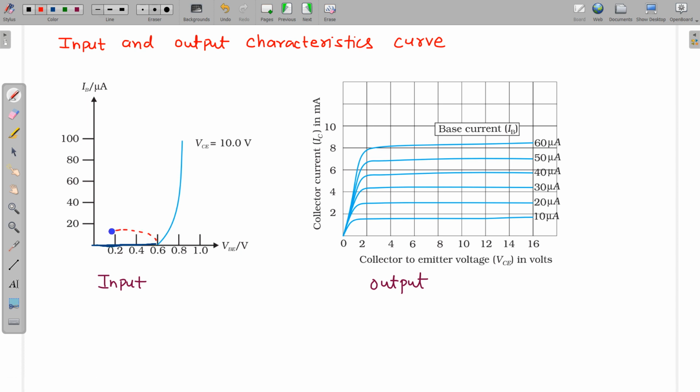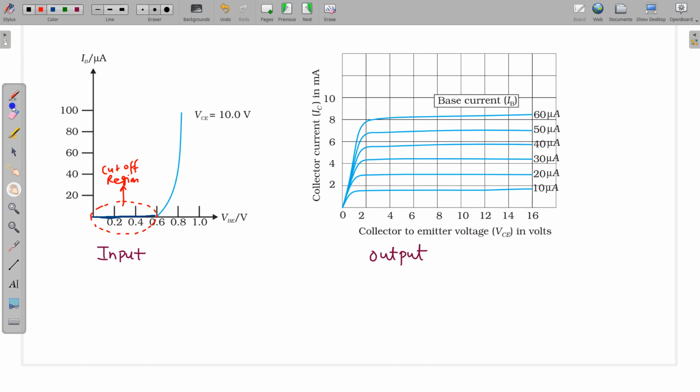If the transistor is operating in this region, then this region is known as the cutoff region. When the transistor operates in the cutoff region, the base emitter junction is not properly forward biased, so we say that the transistor is in the cutoff region.